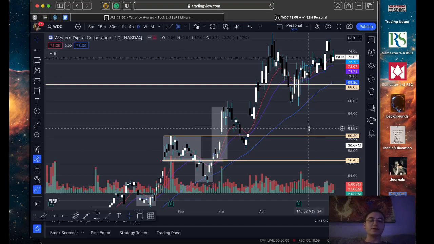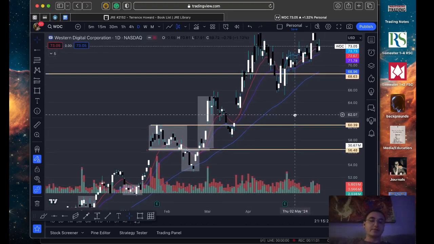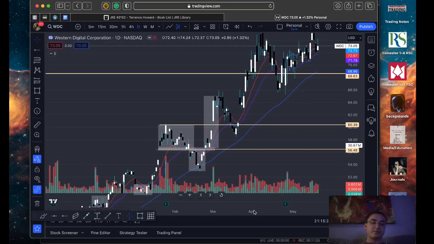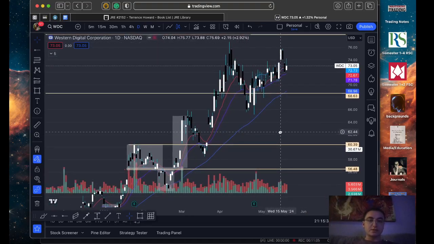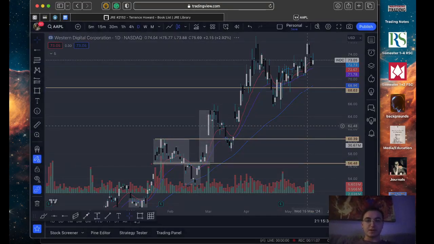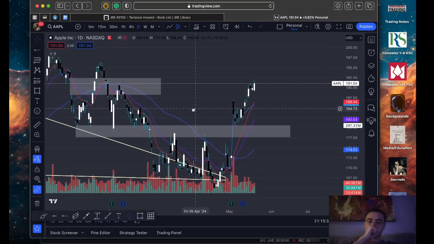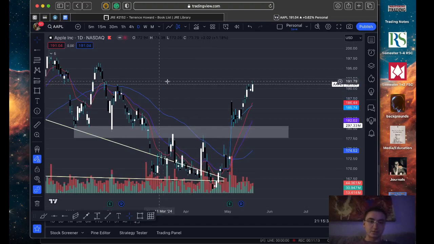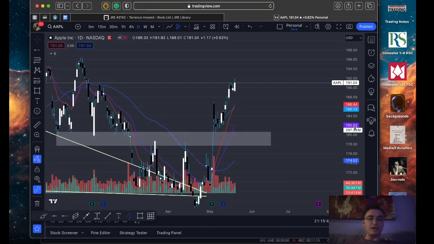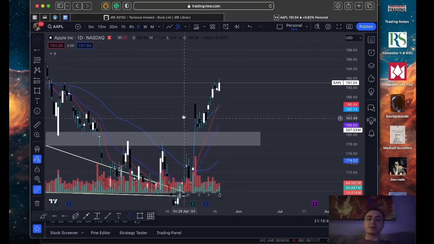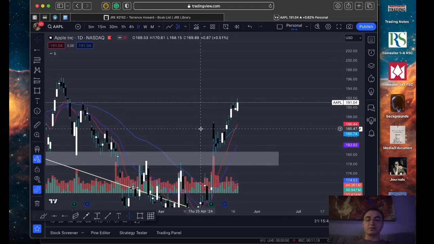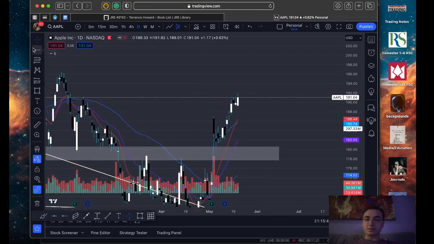So the overall idea is to simplify, as I've said multiple times before, so hopefully that makes sense. Let's just go on a random stock. Apple here. Apple's been trending. There's not much consolidation. And what are we going to want to do? We're going to want to get some levels.